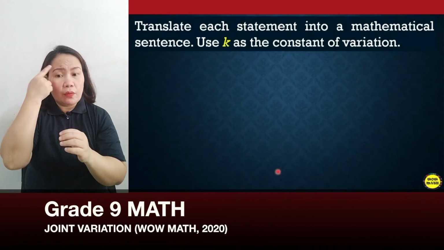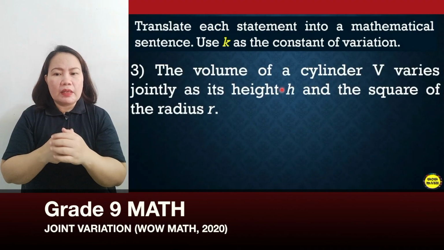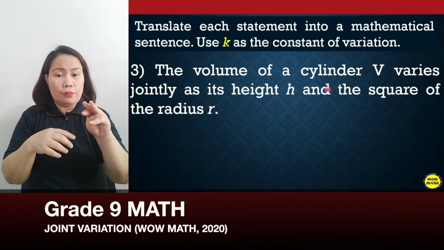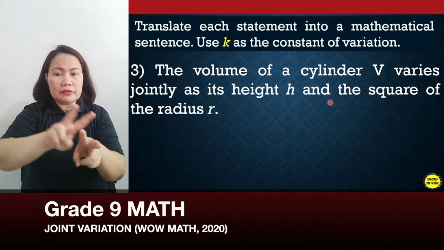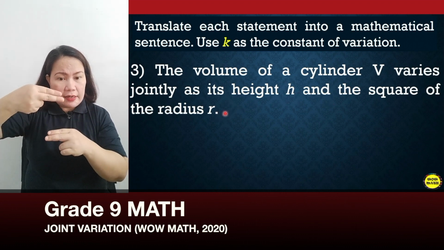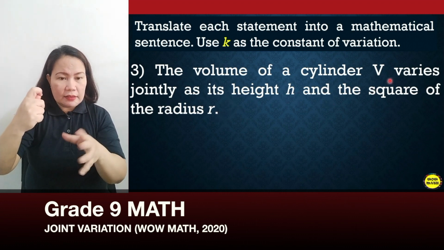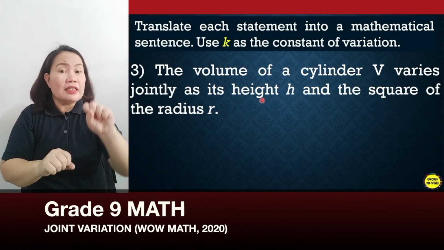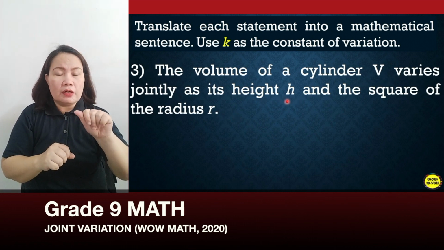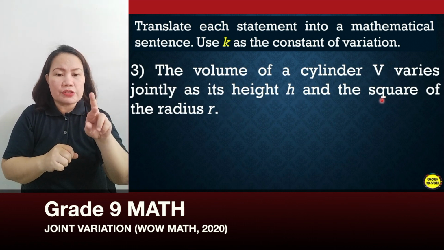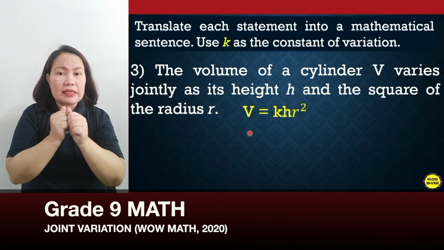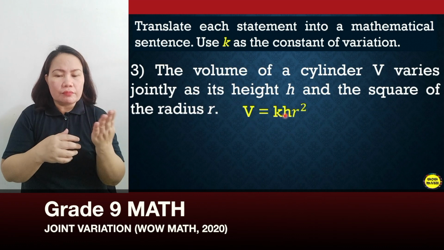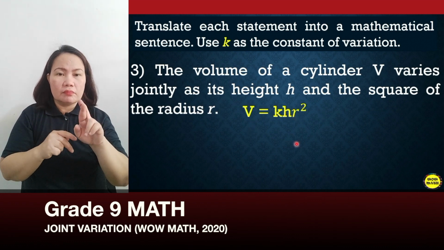For number 3, the volume of a cylinder V varies jointly as its height h and the square of the radius r. So, that is V equals Kh, and since meron tayong square of the radius, so magiging r squared yan. So that is V is equal to Khr squared.